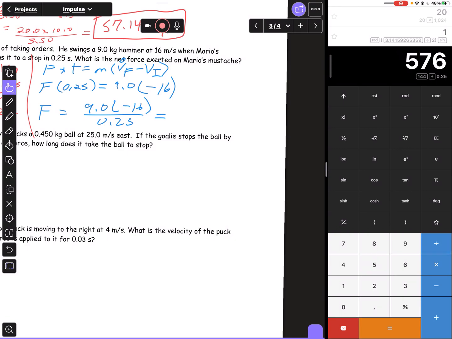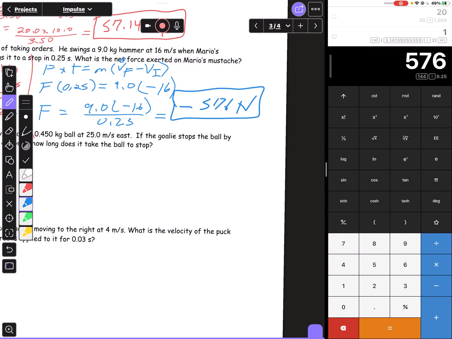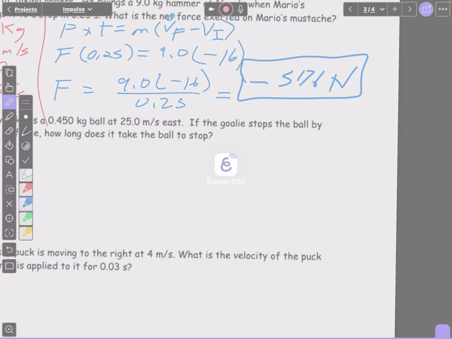That gives me 576, but it's going to be negative since that's negative 16. So that would be negative 576. And since I'm solving for force, that's going to be newtons. Now, I could leave that as positive or negative, either way, I showed that. The reason it's negative is because it's coming to a stop, but I could have shown my answer as positive. It really wouldn't have mattered in that case.